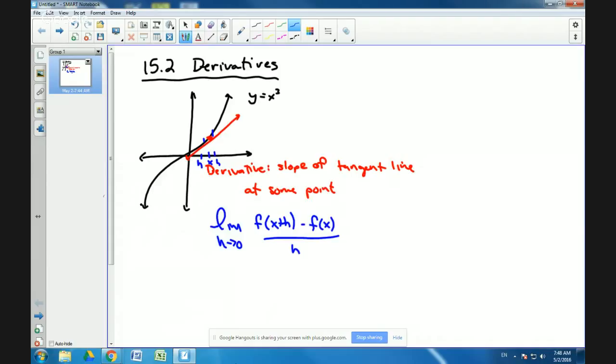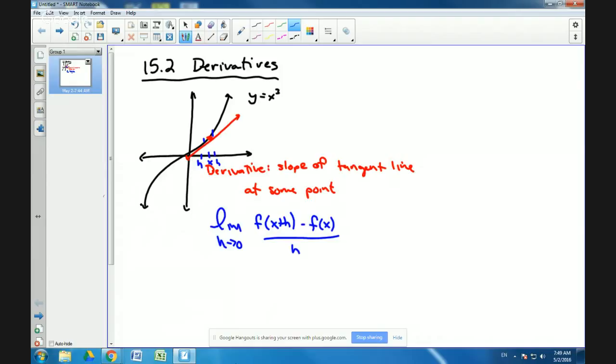slope calculation, basically. So you have the y's, right, function values, which creates 1 point, 2 points in x plus h and x, and then the h value is going to 0. Those are basically our x values.